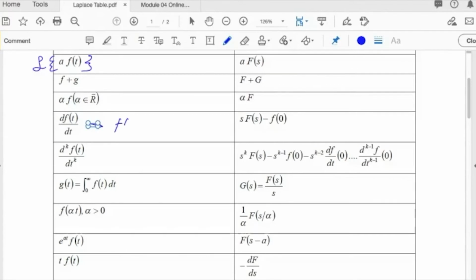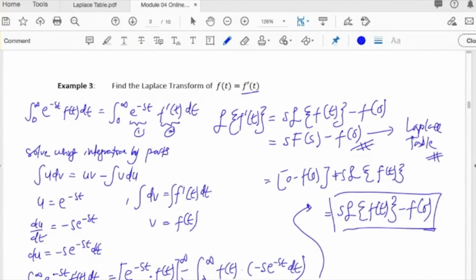If we have f prime t and apply the Laplace transform, we will get s F(s) minus f0, the same as s times the Laplace transform of f t minus f0. This is exactly what we have done in example 3.